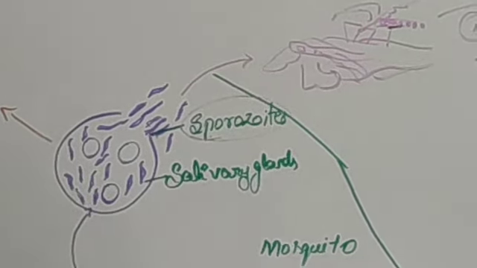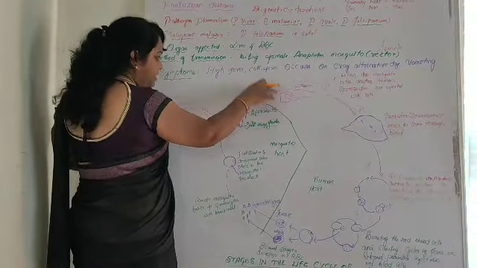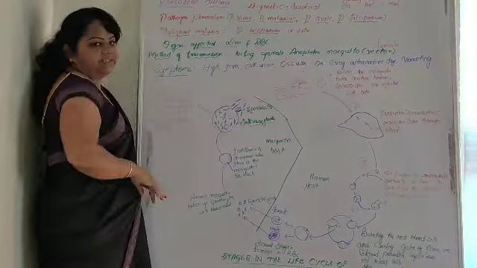Whenever the mosquito containing the sporozoites bites a healthy person again, it starts the infection in new healthy persons.